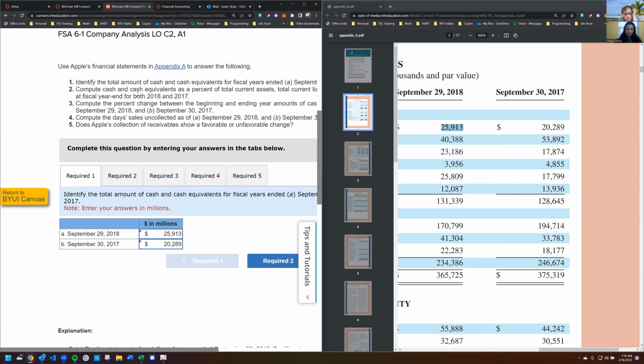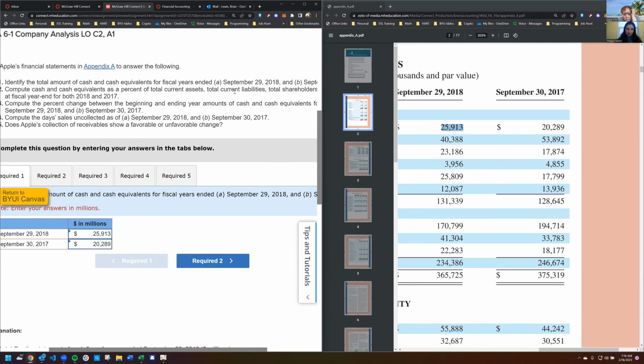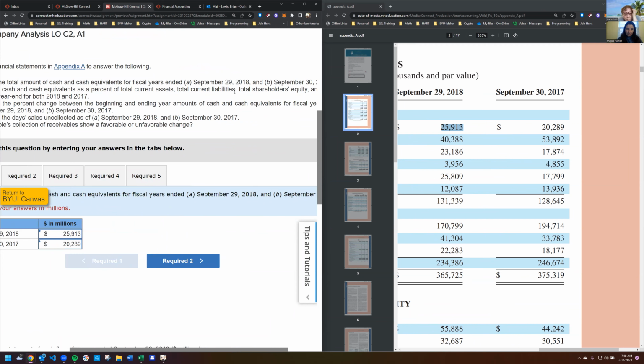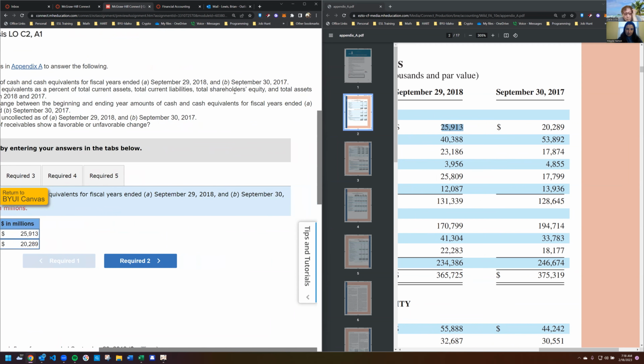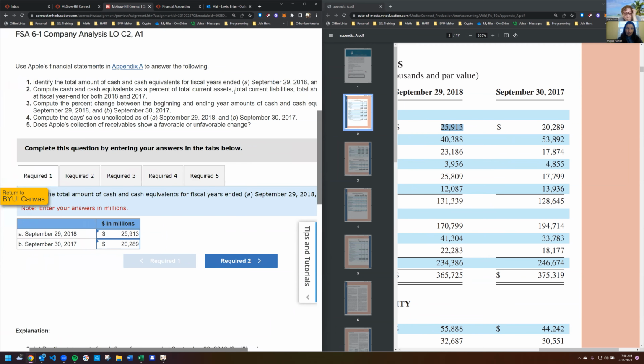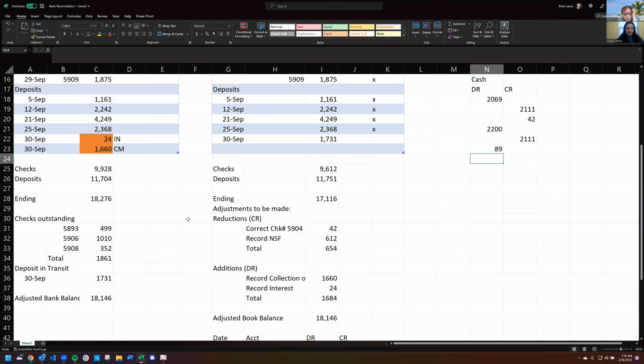The second one: compute cash and cash equivalents as a percent of total current assets, total current liabilities, total shareholders' equity, and total assets. I think that's the one I got more confused by. All right, so let's create a new file here.